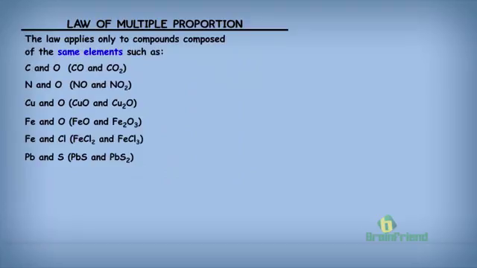And as I said, it's compounds composed of the same elements that have this feature. So we say that the law only applies to compounds composed of the same elements, such as carbon and oxygen. You can see some compounds formed from 2 elements. We have carbon monoxide and carbon dioxide formed from carbon and oxygen, and other compounds we have here.